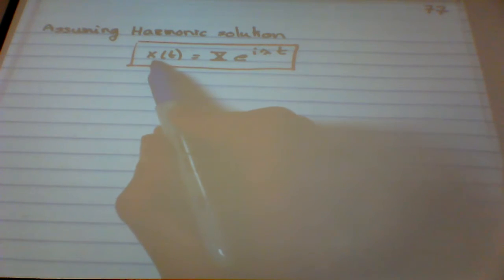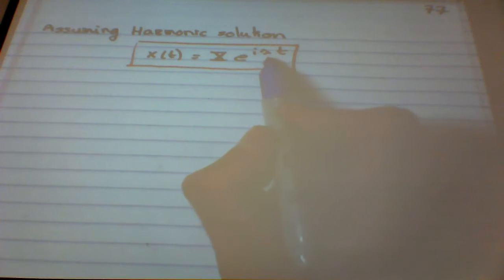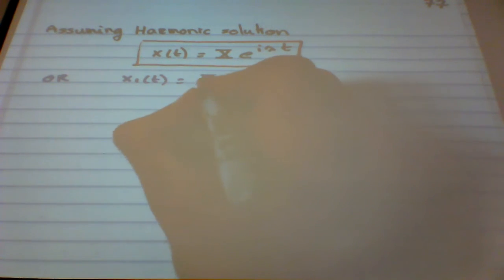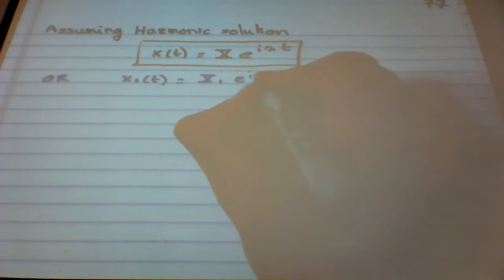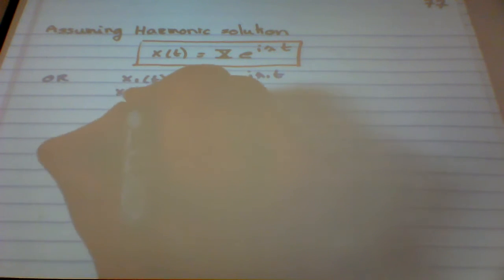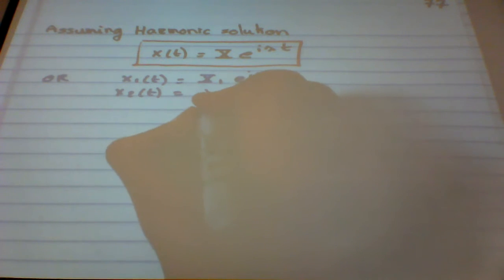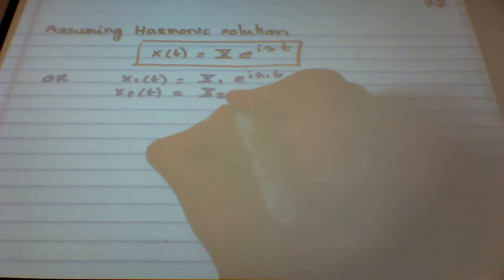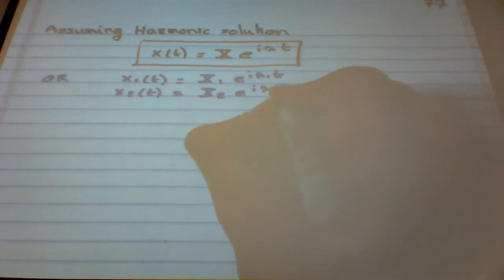If this is 2, x2 equal to capital X2 e to the i lambda 2 t. So x1 of t will be equal to X1 e to the i lambda 1 t, and x2 of t will be equal to X2 e to the i lambda 2 t.